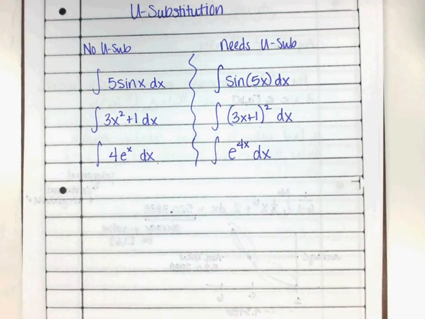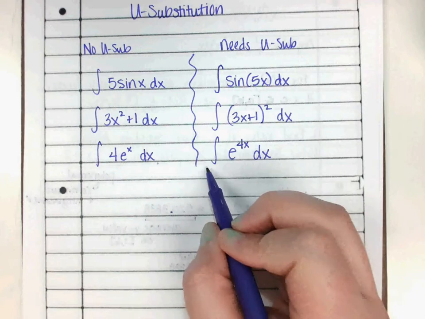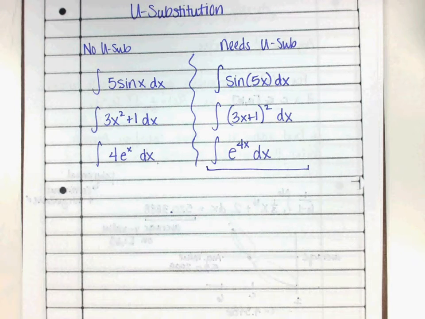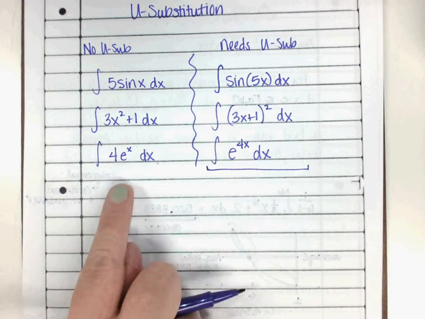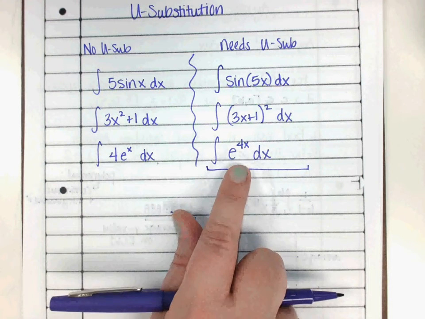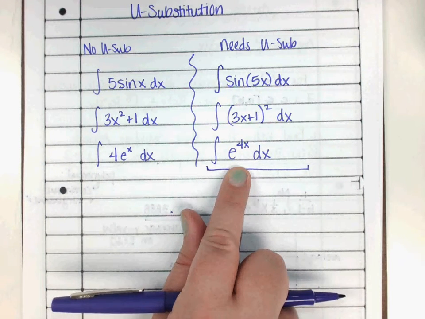Okay, look at the list. What do you notice is different about the right side over here? Okay, the numbers with the x. If I was taking derivatives, would these need chain rule? The left side, no. The right side, would these need chain rule? Okay, yes. So if it would have needed chain rule, then it will need U sub when you undo the derivative.